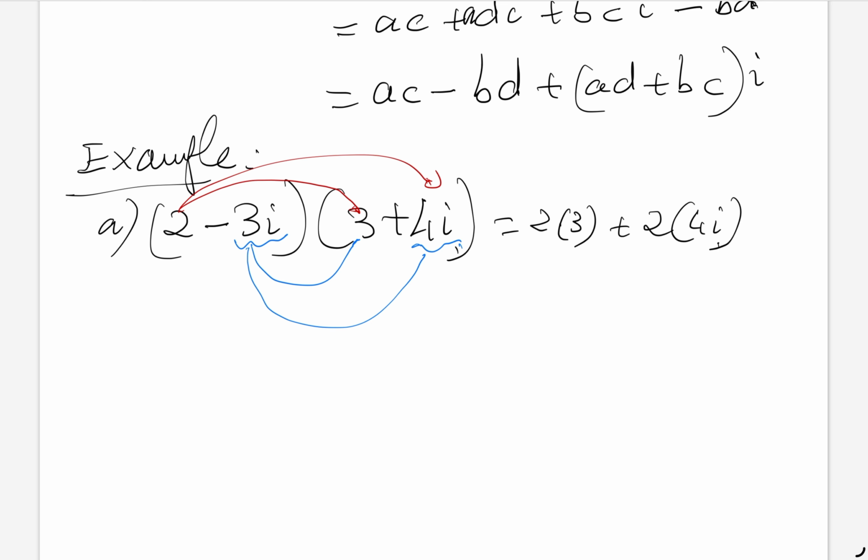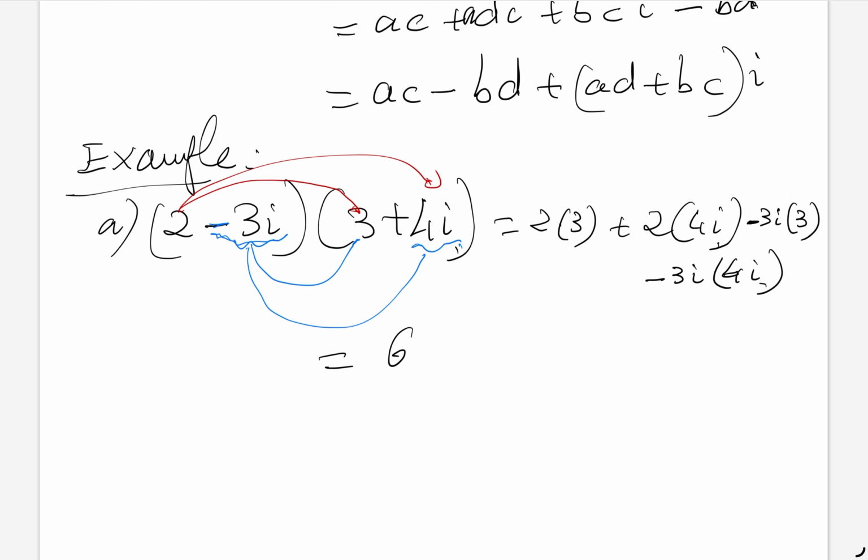Okay. You see here? Here, you have to be very careful. You have to include the negative sign here, okay? It's the whole thing, it's the negative 3. You have negative 3i times 3, and then negative 3i times 4i. And that's it.